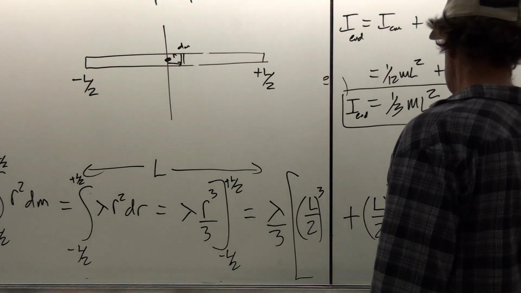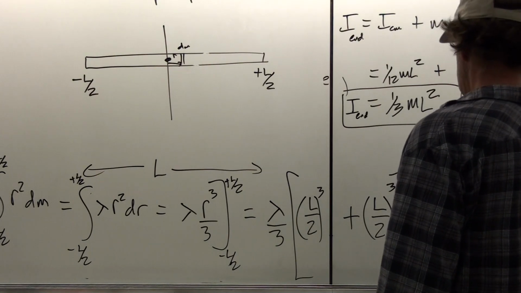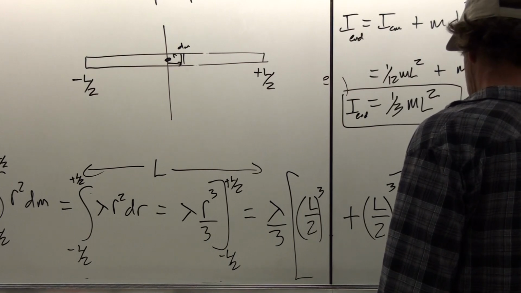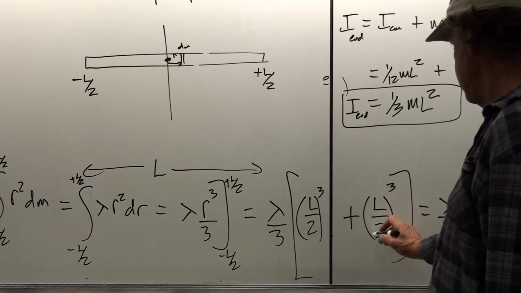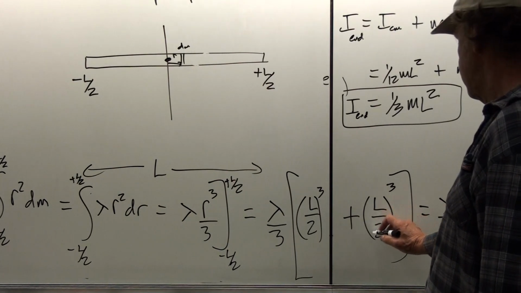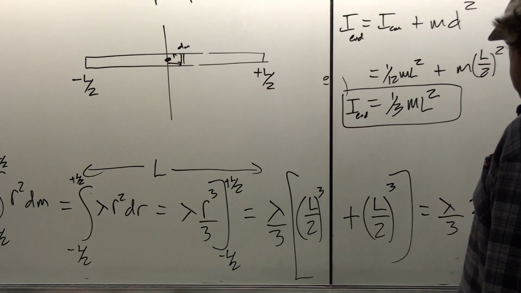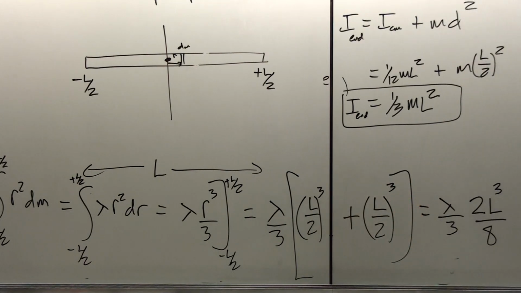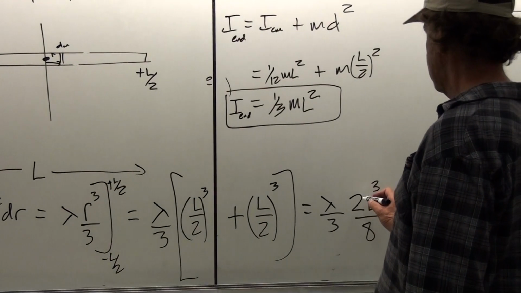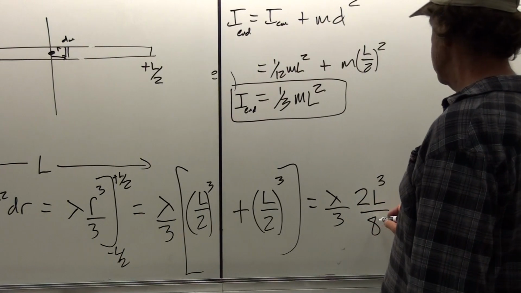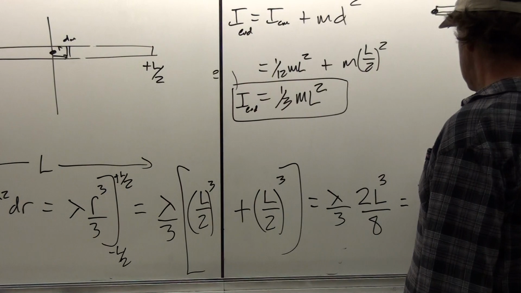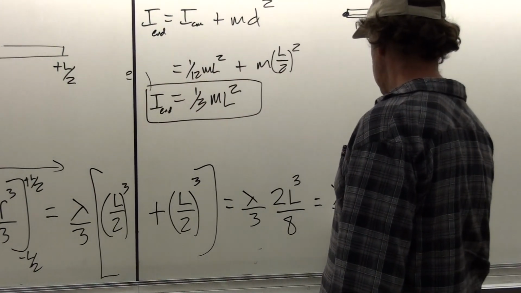Right, so that's going to be lambda over 3 times 2 L cubed over, and then down here, L over 2 cubed is L cubed over 8, but times 2 because there's 2 of them. Okay, so that's going to be 2 divided by 8 times 3, which is 24. So that's going to give us lambda L cubed over 12.